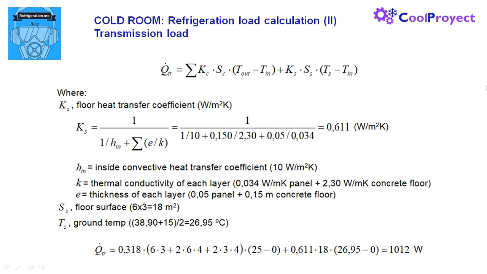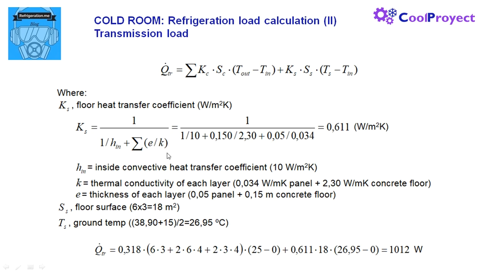For the floor we have our own heat transfer coefficient, this K sub S. This coefficient is similar to the coefficient for the wall, but it's a little bit different. We have this convective heat transfer coefficient inside, but there isn't any coefficient outside. And here we have to take into account different layers for the floor.